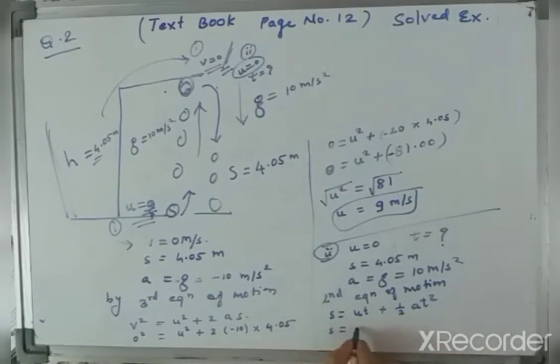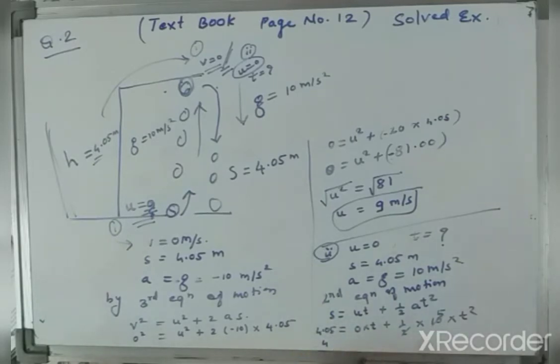So S is equal to 0 into t plus 1 upon 2, value of a is 10, multiplied by t square. 2 1s are 2, 2 5s are 10. Value of S is 4.05.